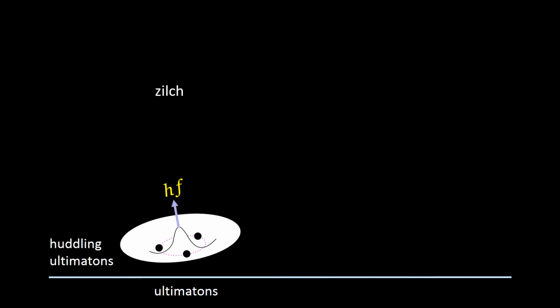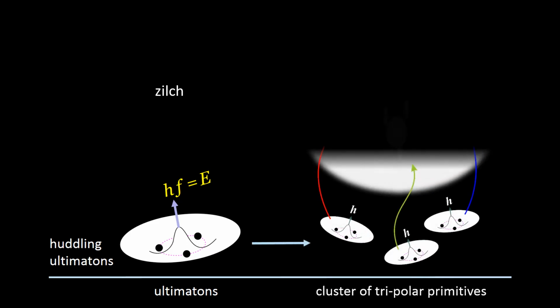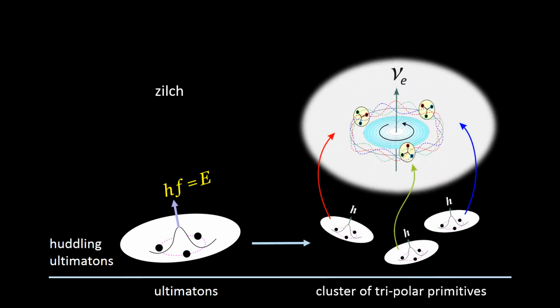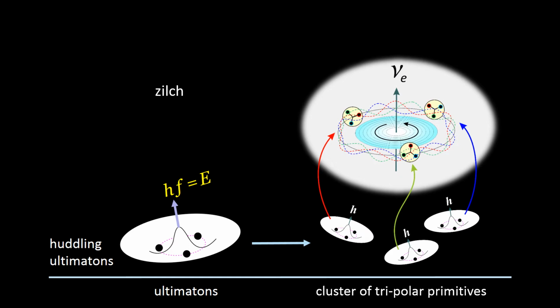Imagine this basic spinning block to be some photon-like thing, and then imagine a simple cluster of such blocks. Neutrinos are thought to be something like this, a mixture of three primitive spinning things. And what are neutrinos famous for? Interacting with zilch.